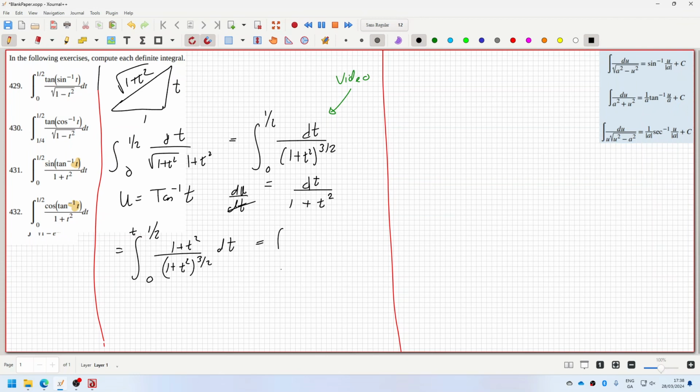That would equal 0 to a half, 1 over root 1 plus t squared dt, and that would be sine inverse t, which is tan u.